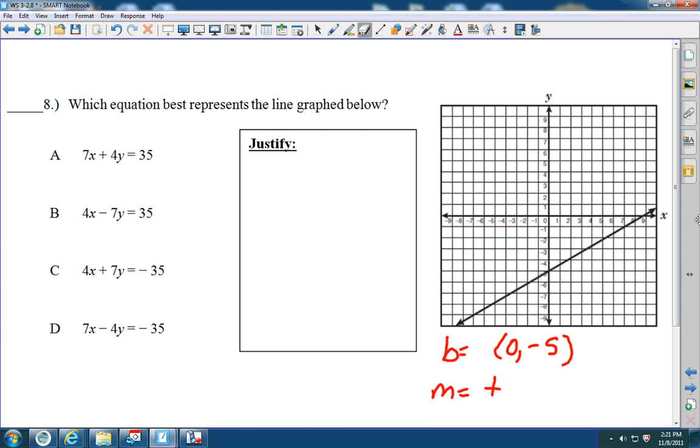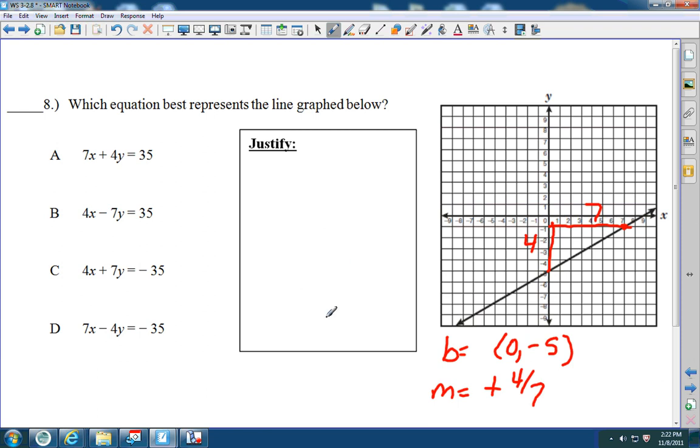It looks like my next point would be right here, which is up 1, 2, 3, 4, and over 1, 2, 3, 4, 5, 6, 7. So up 4 and over 7. So my slope is 4/7.